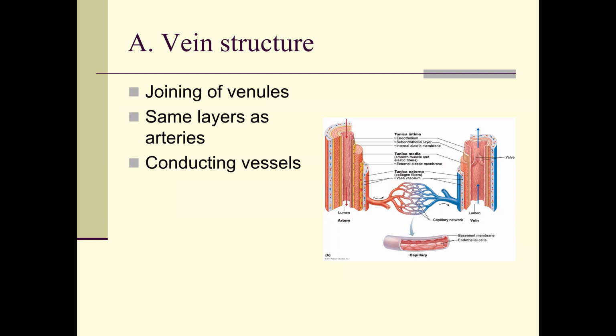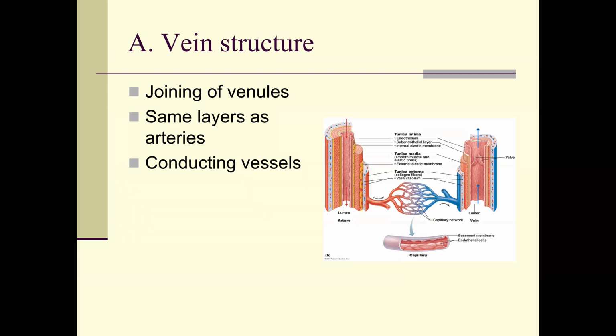Remember, we started with 3 layers and actually had a vasa vasorum because we needed a blood supply because the elastic arteries were so thick and some of the conducting arteries were so thick. We then went down to the capillaries, which had a single layer of cells in the basement membrane. Went to the venules.